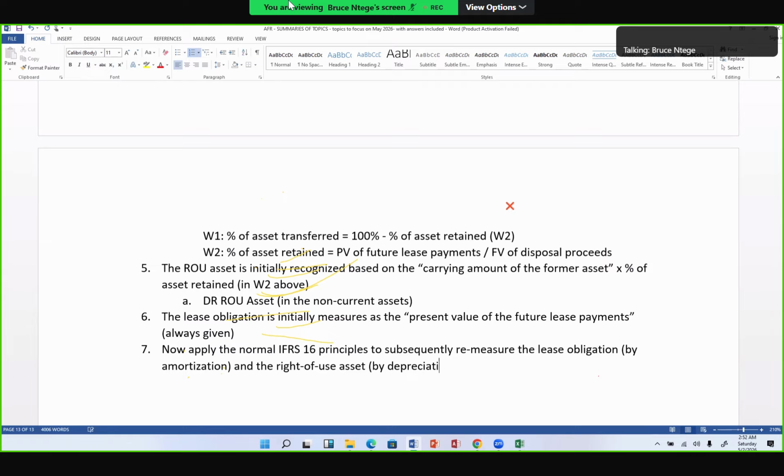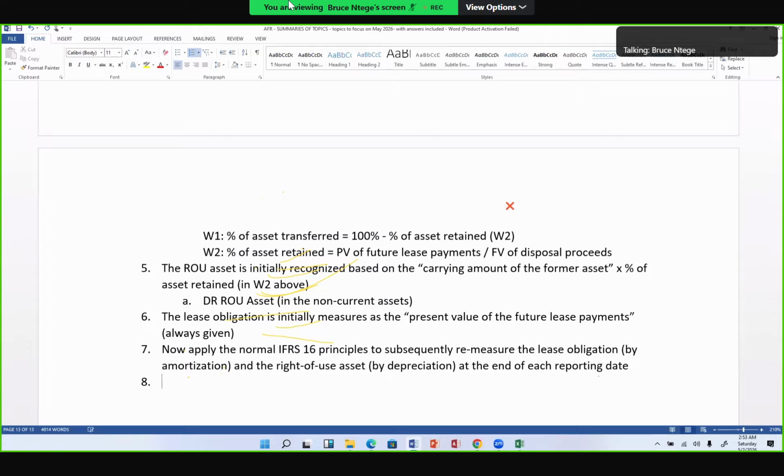So do this at each reporting date. That's what we did in the other case.